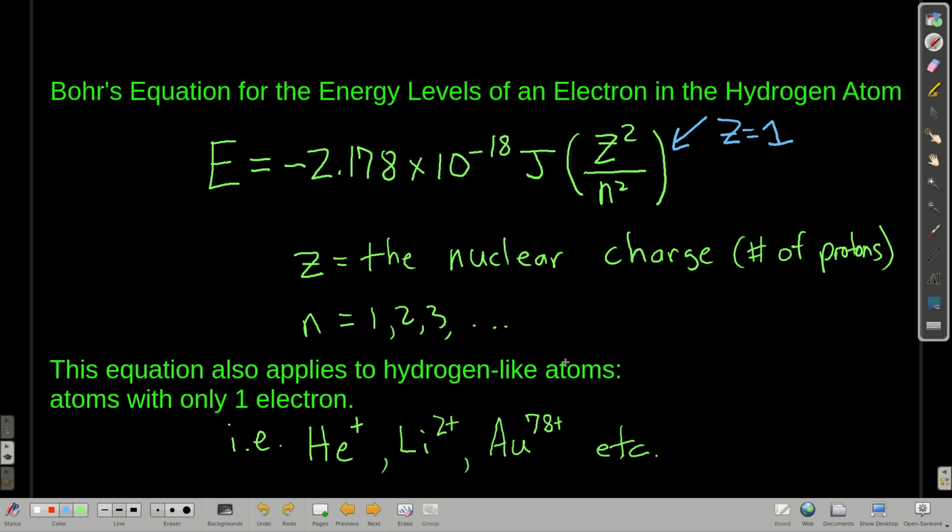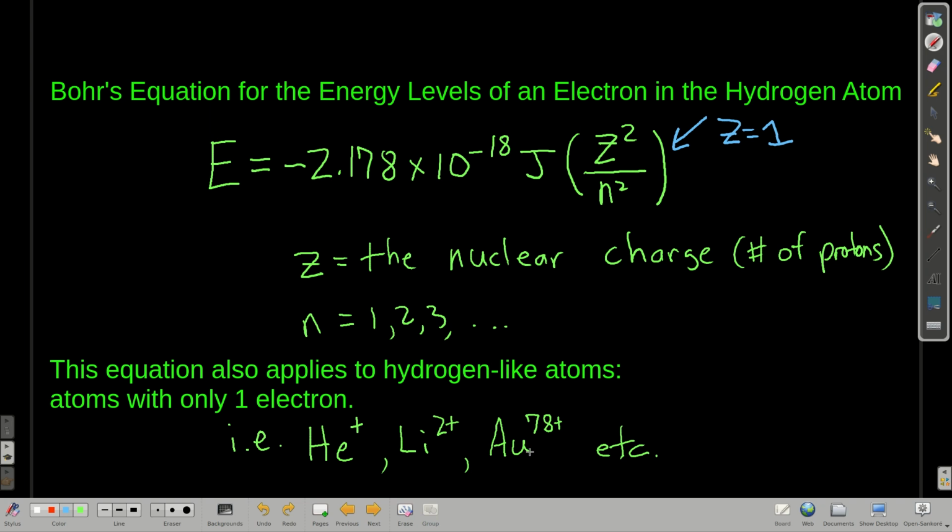But if it's a hydrogen-like atom, this equation also applies to hydrogen-like atoms, then Z can be something other than 1. What does it mean to be hydrogen-like? It just means that that atom has only one electron. Now, for anything other than hydrogen, we have to remove electrons from the neutral atom in order to have just one electron left. So, for example, the neutral helium atom has 2 electrons. If we take one away and make the helium plus cation, it's hydrogen-like.